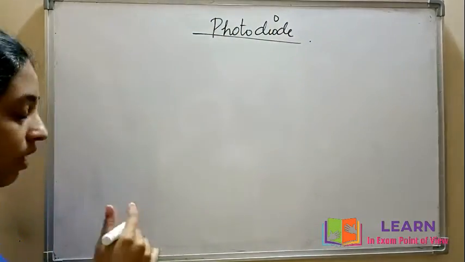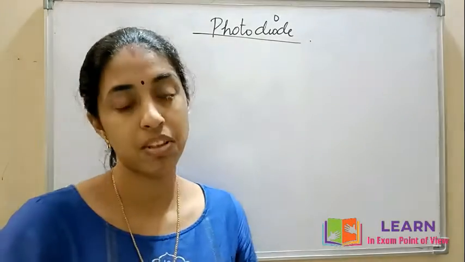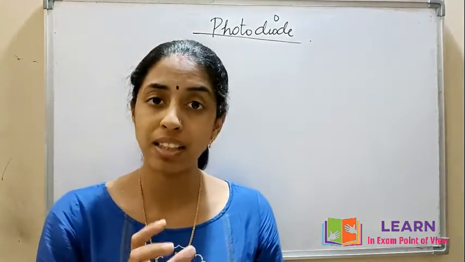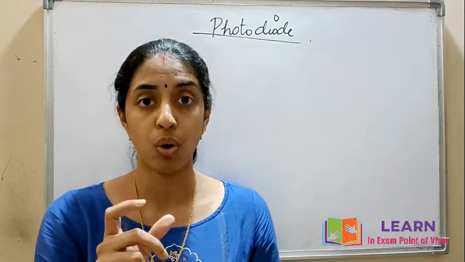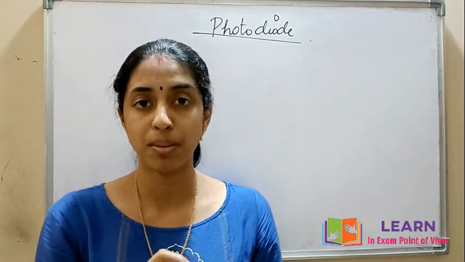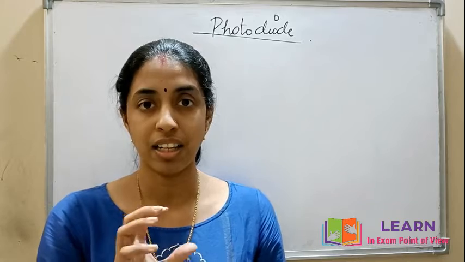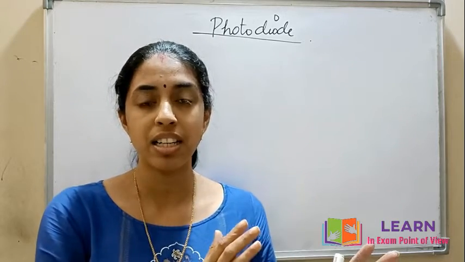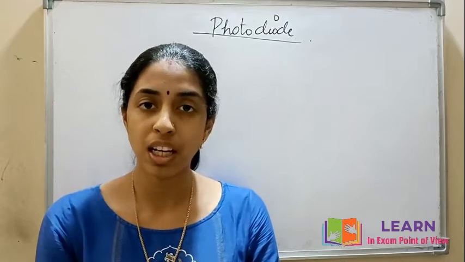When you study this important topic, photodiode, by the name you remember photon. Photons means light, right? Light energy. Here in the photodiode, light energy is converted into electrical energy.